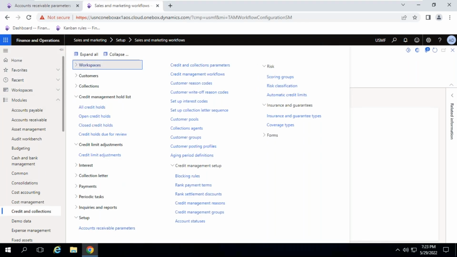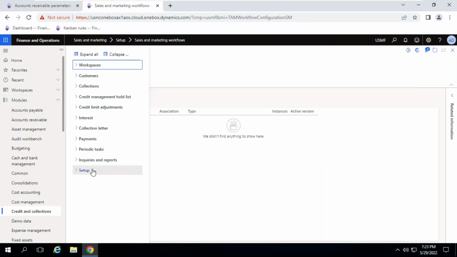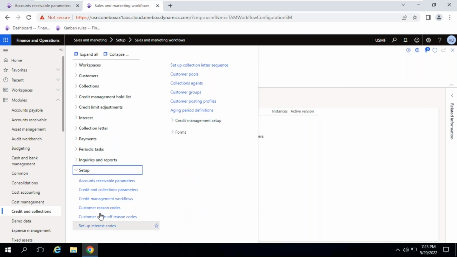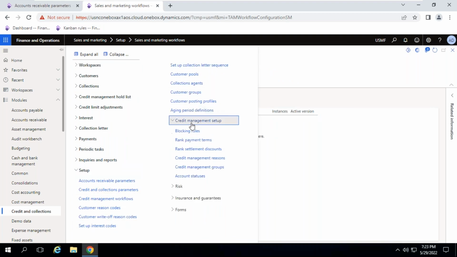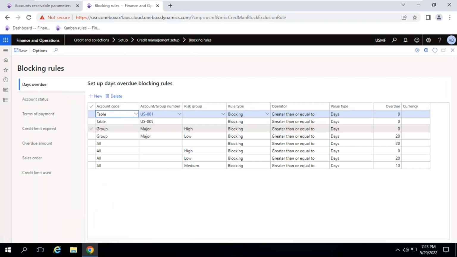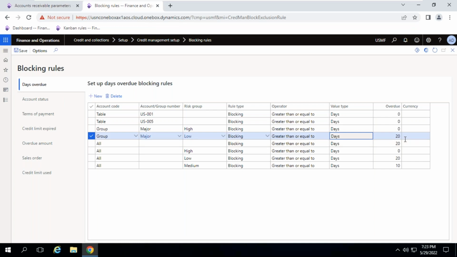Credit and collections, setup, blocking rules. The entire module is this one. Here, if any invoice is pending, say one invoice is pending more than 20 days, block it.